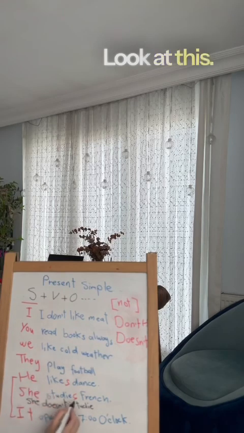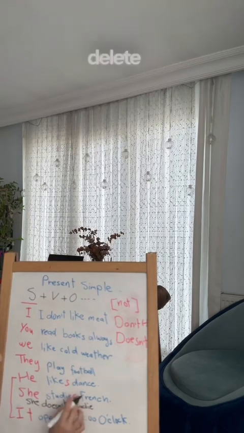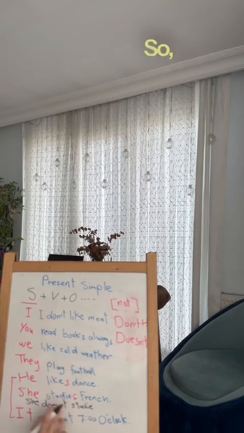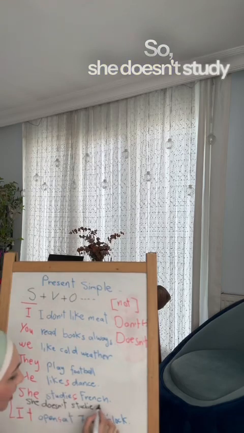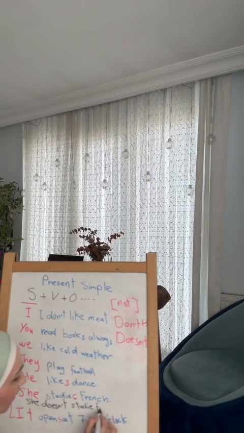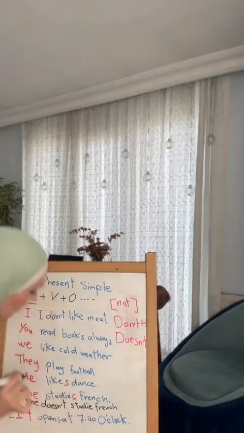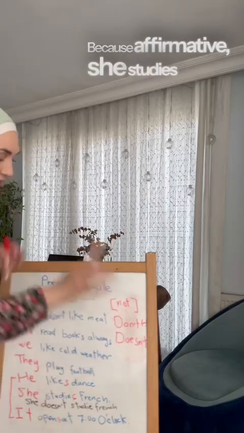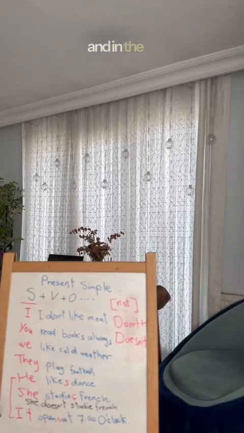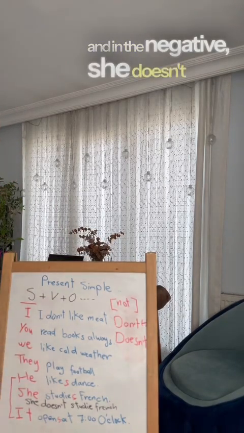Look at this, we delete the s here, because doesn't is enough for this sentence. So, she doesn't study French. This is negative. Because the affirmative is she studies French, and in the negative, she doesn't study French.